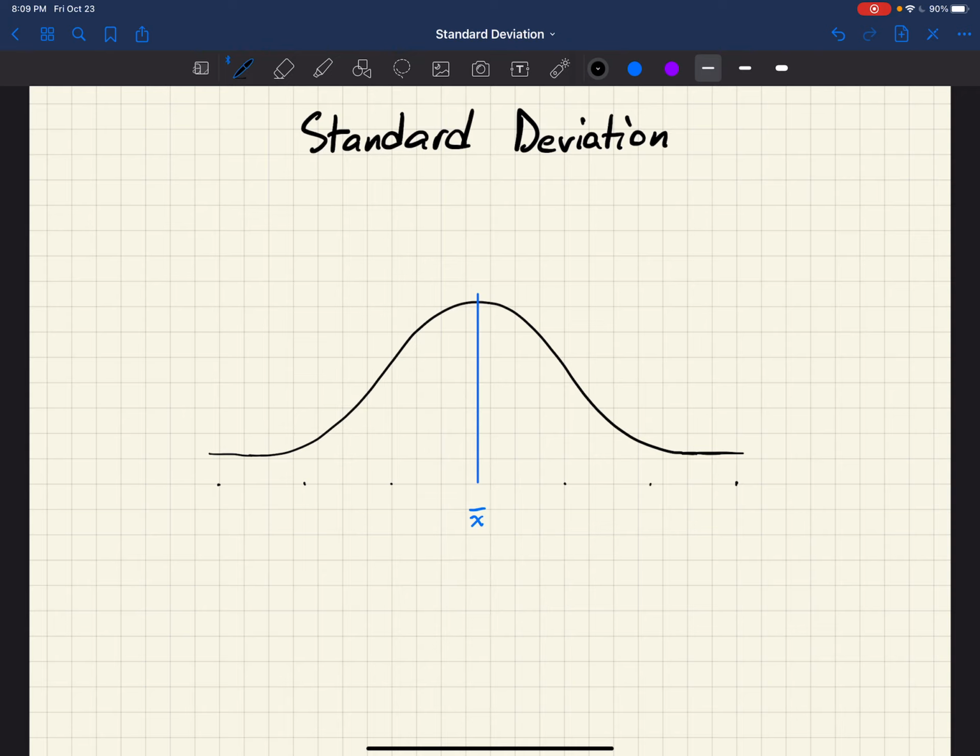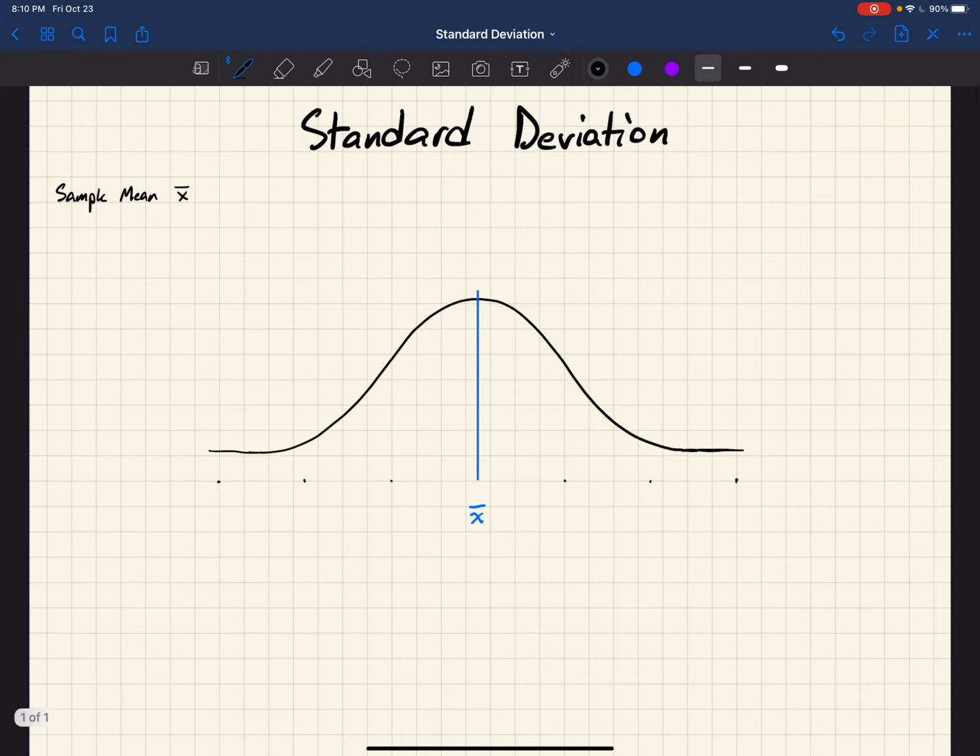So let me write down a few different variables. When we have a set of data, we call the sample mean x bar. That's the common name for a sample mean. Another thing we will be discussing in just a moment is the standard deviation.